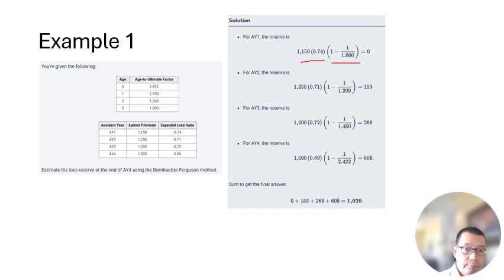Similarly, you can calculate the reserve for the second year, third year, and fourth year, utilizing the same formula. Then the final reserve would be the sum of all these reserves, which is 1029.